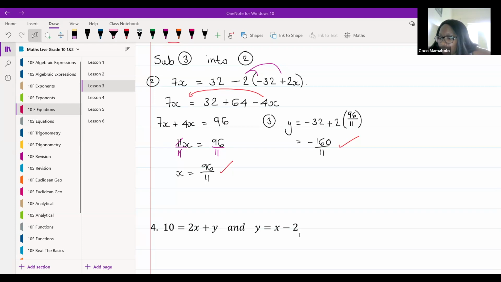Okay, yes, but there's a negative 32 in front of it here. So we must do negative 32 plus 2 times 96 over 11. Oh, we forgot about the negative 32. Yes, perfectly fine. It's okay.